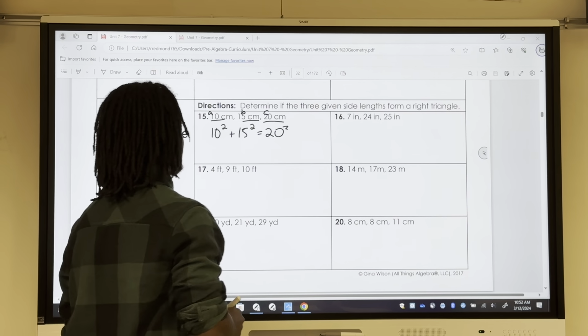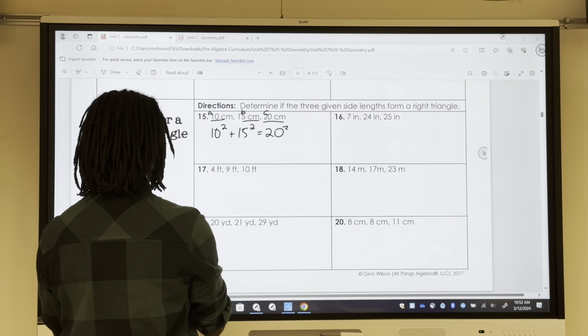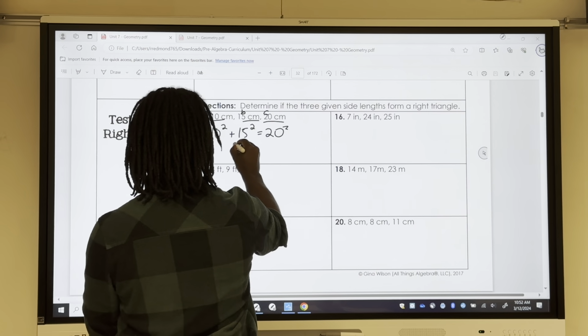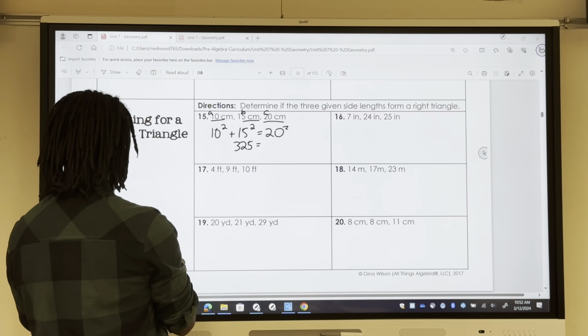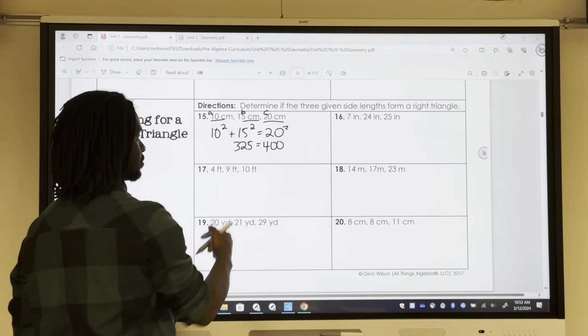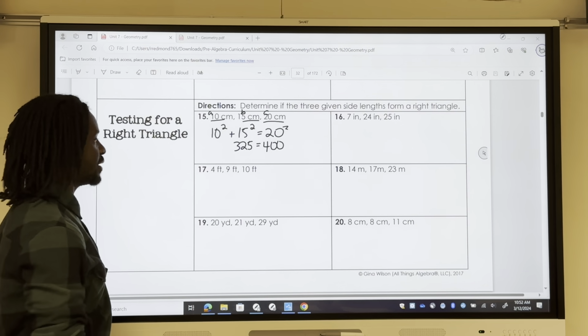Okay. Now, 10 squared plus 15 squared gives me 325, okay? But 20 squared is 400. So is 325 equal to 400?